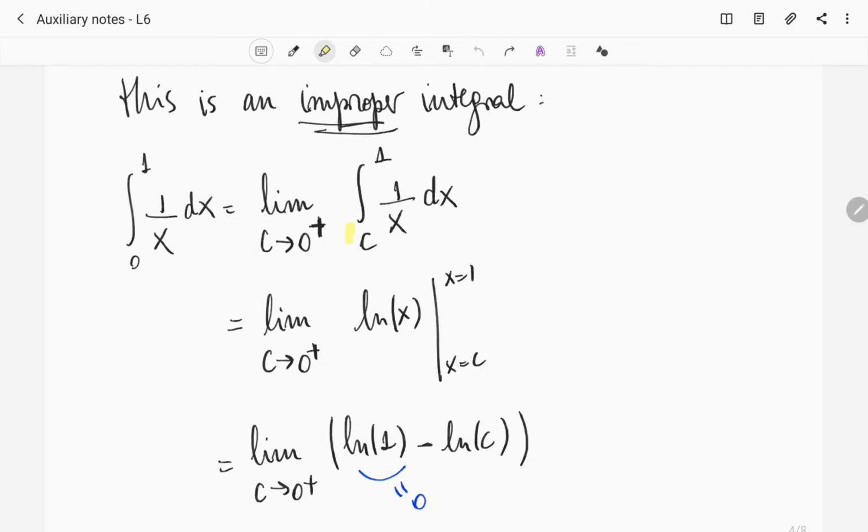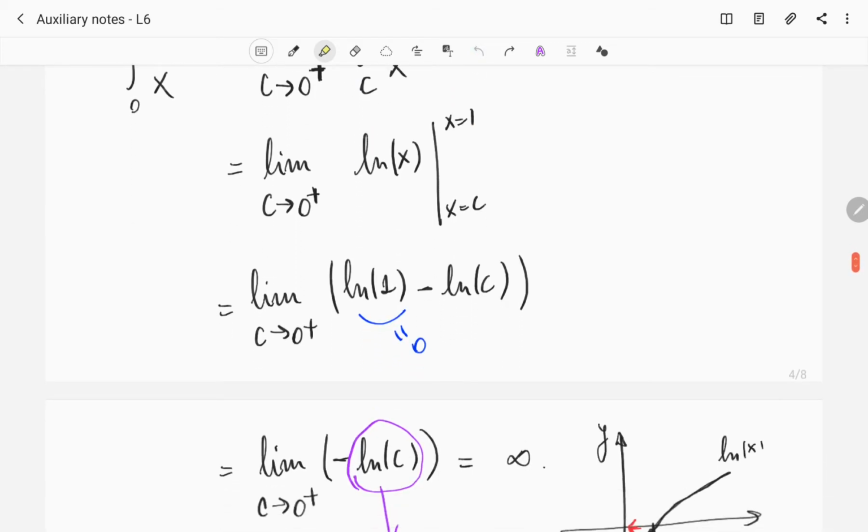Okay, so this integral is exactly this logarithm, and we have to compute this between c and 1. And what we get is this value. This one is equal to 0, so we get this minus logarithm of c.